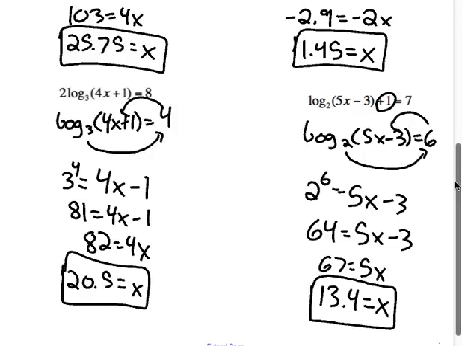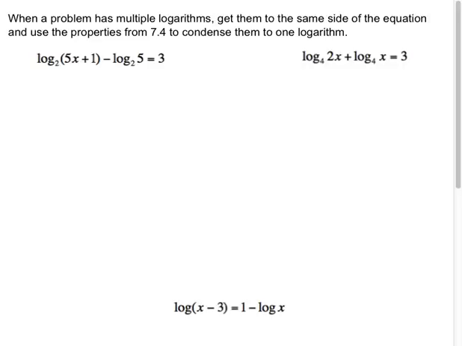All right, so again, actually, I don't think that this is that difficult. All it takes is rewriting it, use Mr. Loopy, and going from there. Now, of course, it's going to escalate from there a little bit, okay? Now, what I mean by that is when you have more than one logarithm showing, what that ends up meaning is you're going to have to use the properties to condense the log.